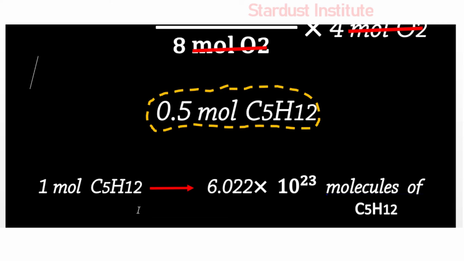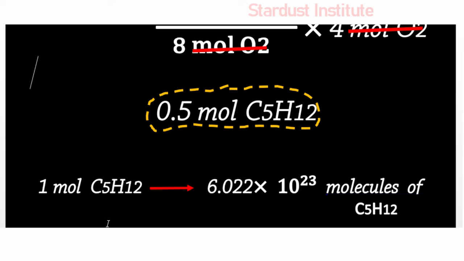Not only pentane, 1 mole of anything has 6.022 times 10 raised to 23 atoms, molecules or particles. This number is called Avogadro number, 6.022 times 10 raised to 23.